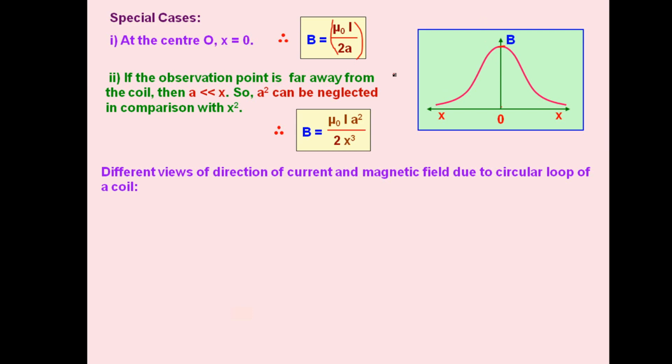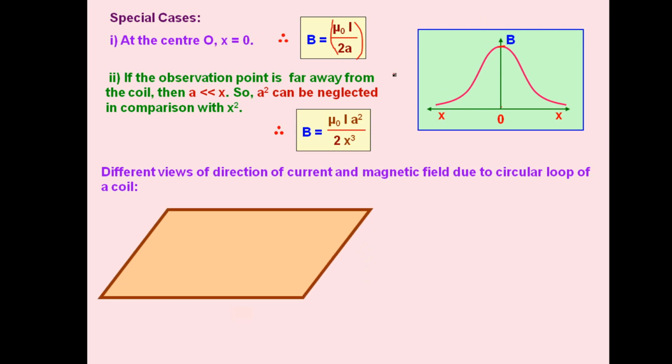So, different views of the direction of current and magnetic field due to a circular loop. This is very important. If we have a plane over which a coil is there, current is going clockwise, you can see. So in clockwise, if we consider our right hand, the curvature of the fingers is in the direction of current, then the thumb will give the direction of magnetic field at the center.